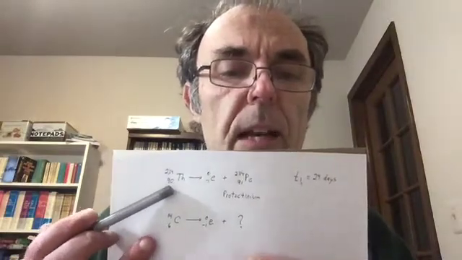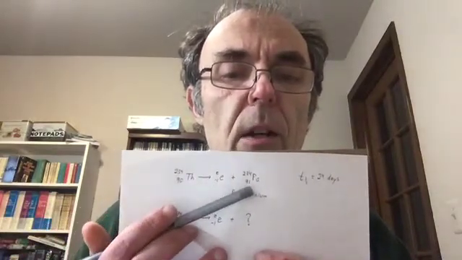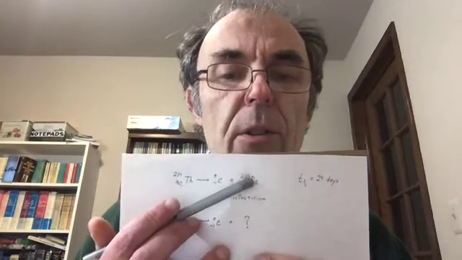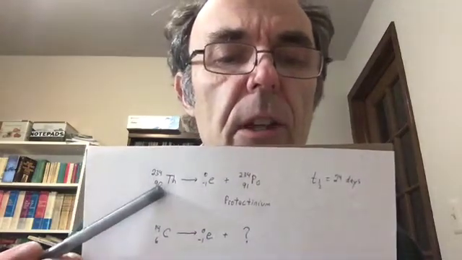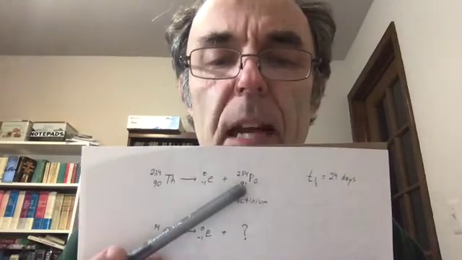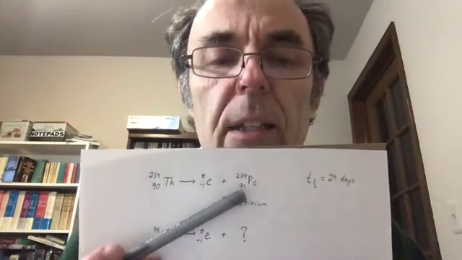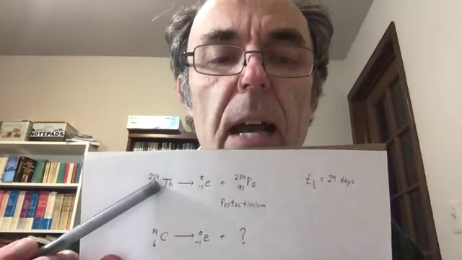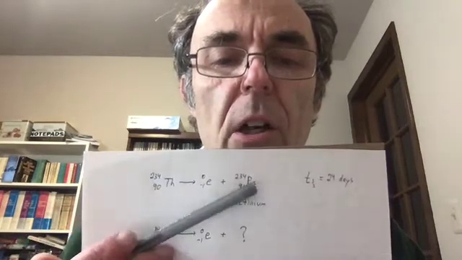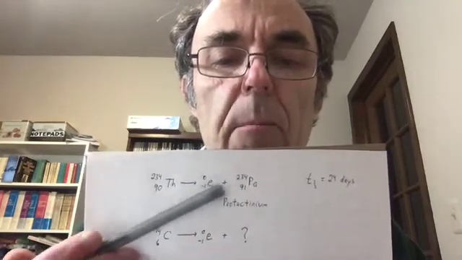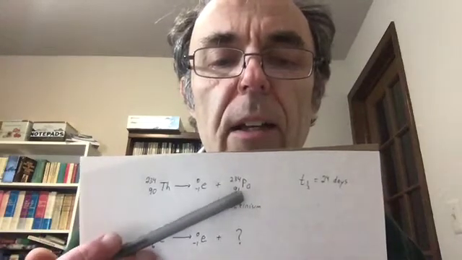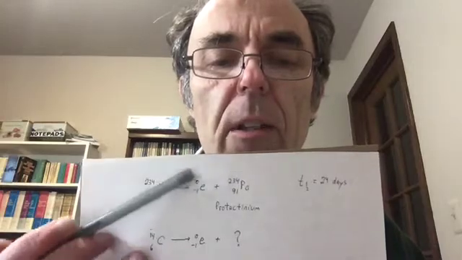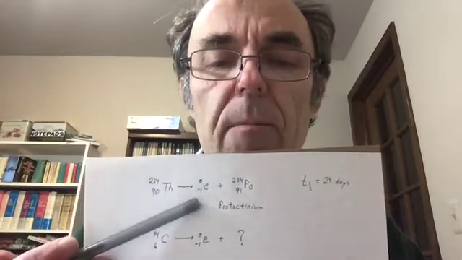Thorium-234, which is element 90, decays to element 91, 234, protactinium. So, since a neutron is turning into a proton, you go up in atomic number from 90 to 91. The mass number does not change at all, and so you've gone up to the same mass number, but one higher in the atomic number, and you shoot the electron out of the nucleus.